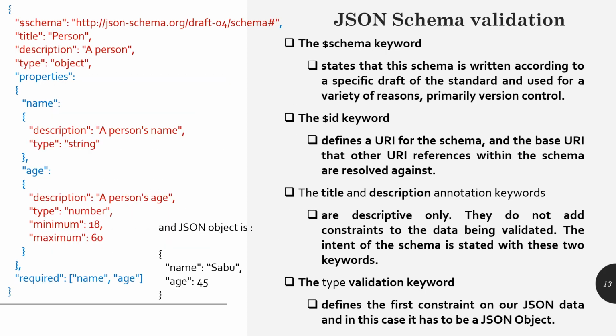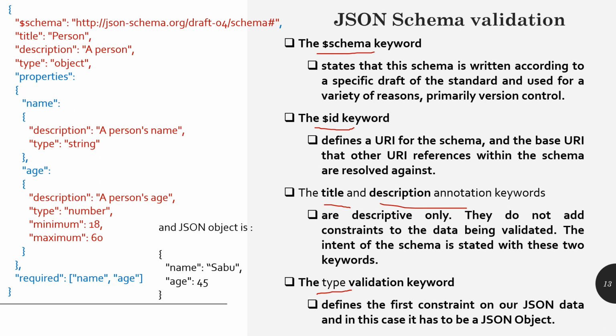Now we are going to discuss about JSON schema validation. For understanding that, we will discuss some keywords: $schema keyword, $id, title, description, type and all. $schema states that this schema is written according to a specific draft of the standard.